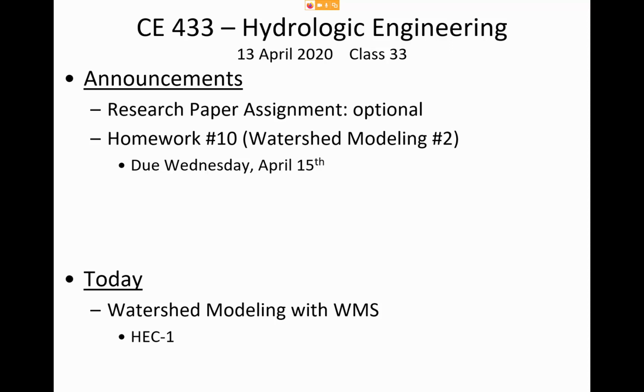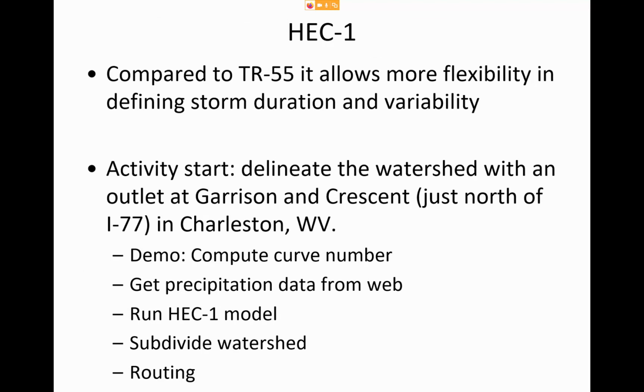All right, so HEC-1 is a far more sophisticated rainfall runoff model than any of the approaches we've seen so far. Remember, we started with the rational method, and the problem with the rational method is it's going to usually overestimate your peak runoff because it assumes a constant rainfall intensity. And then the other issue with the rational method is that we don't have a repeatable and reliable way to estimate C values. And so moving on to National Streamflow Statistics, it's fine.